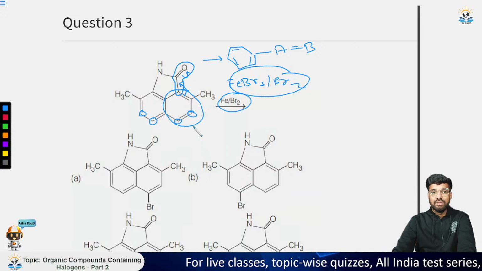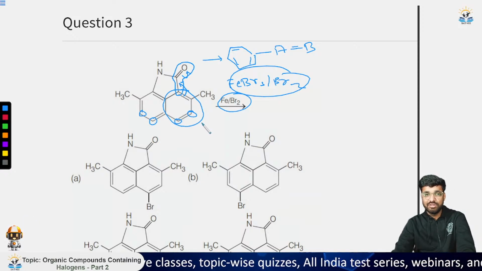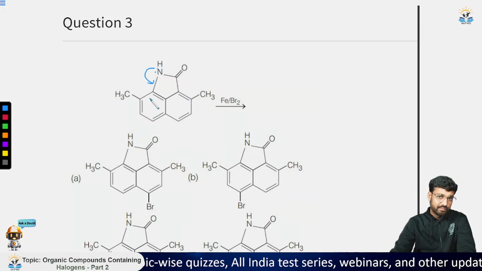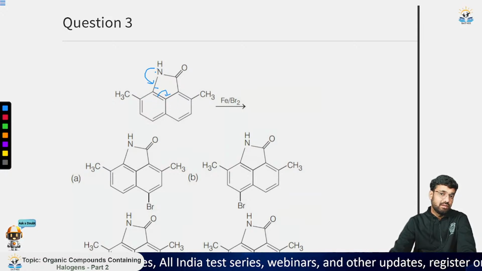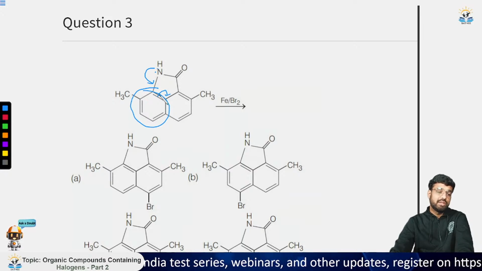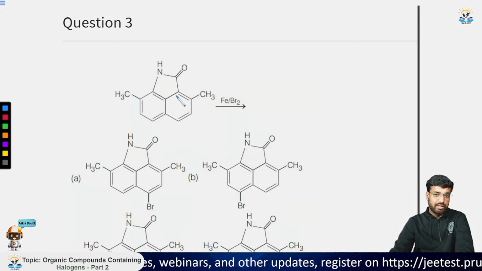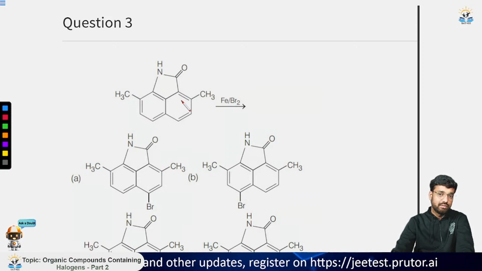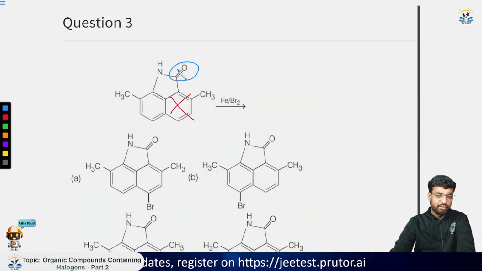So this is not suitable for electrophilic aromatic substitution as compared to this ring, which is getting a lone pair. You are getting a lone pair here that is roaming throughout this ring. So this ring is activated by this nitrogen, whereas this ring is deactivated. So this will not show electrophilic aromatic substitution because of this group, which is showing a minus M effect.